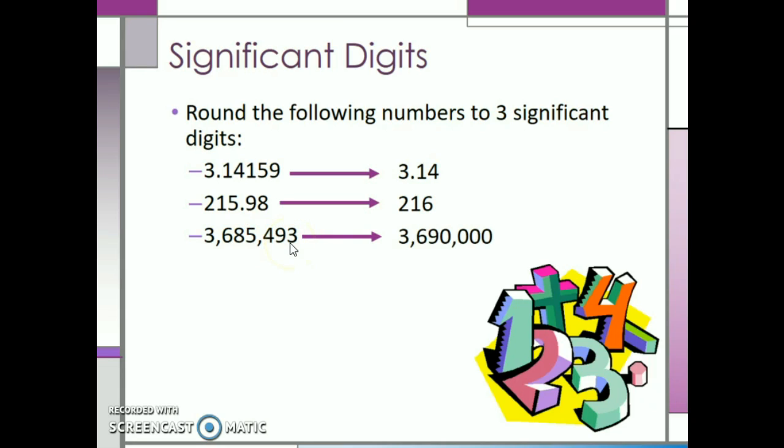Our answer would be 3,690,000. Last, to round 0.003552 to 3 significant digits, we would round to the nearest 100,000th position, since that is where our third non-zero digit is. This would give us 0.00355.